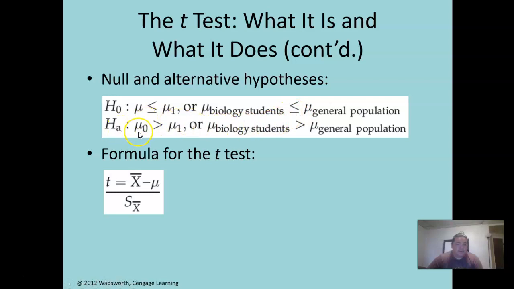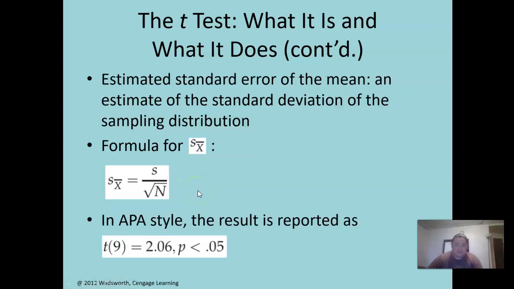And so the alternative hypothesis is that biology students are actually going to be greater than the general population. So that's what we want to show, is that whatever we're testing for, we want to reject the null hypothesis and accept the alternative. So this is saying that there is no difference or less of a difference. This is saying that there is a difference in that it's greater in biology students. So the t-test is x bar minus mu over the sample deviation. Okay.